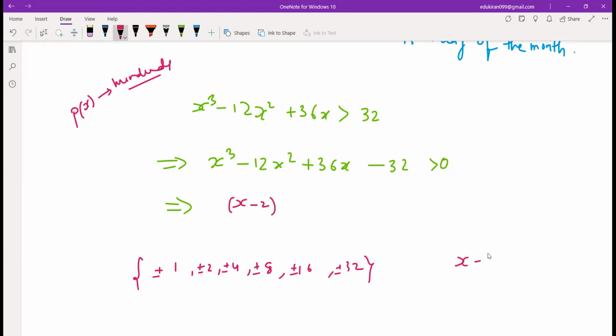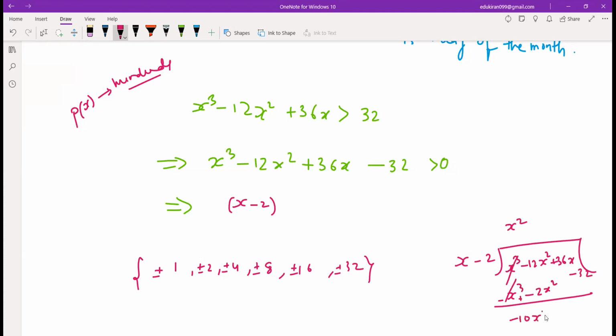So from x minus 2, you can just divide x cube minus 12x square plus 36x minus 32. It will be x square. So x cube minus 2x square. This is minus, this is plus. It will cancel.